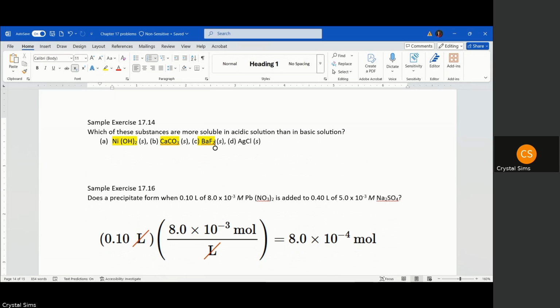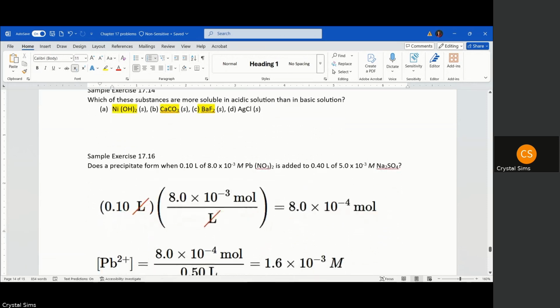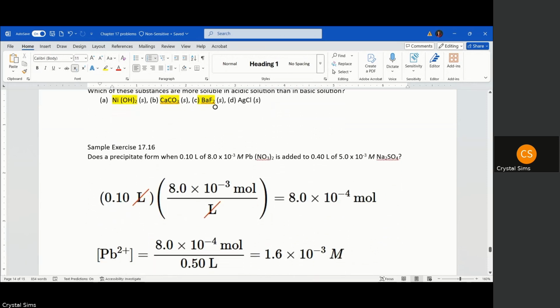We need to figure out how many moles of lead we have. We take our volume and multiply it by our molarity, and here's how many moles of lead ions we have.